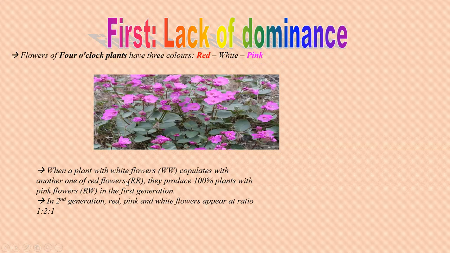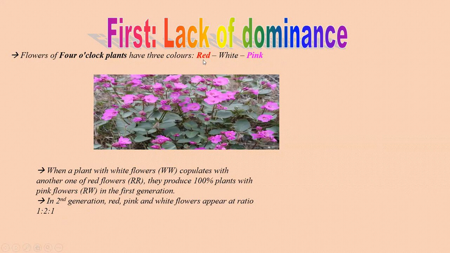When a plant of white flowers, how will I write its genotype? We agreed that it is dominant, so I will write both of them as capital letters, taking its W and writing it capital. It crosses, or mates, with another plant of red flower.